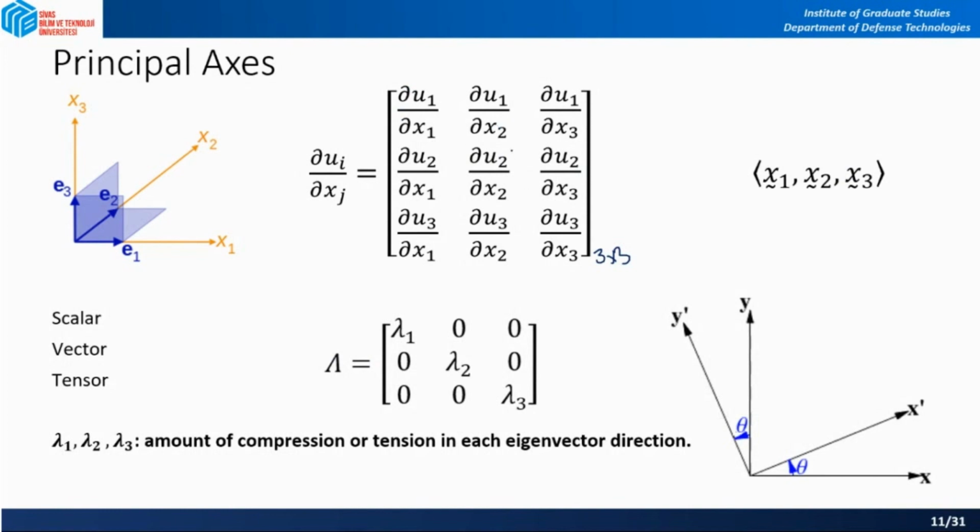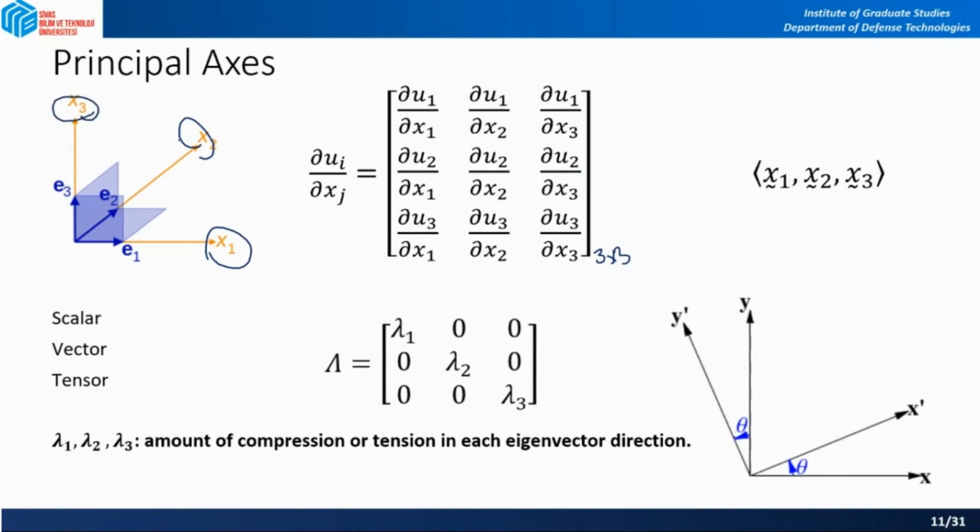You measured all these components and you want to take gradients with respect to x1, x2, and x3, which are the orthonormal basis that you have.